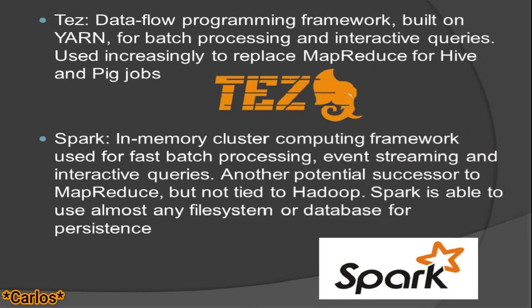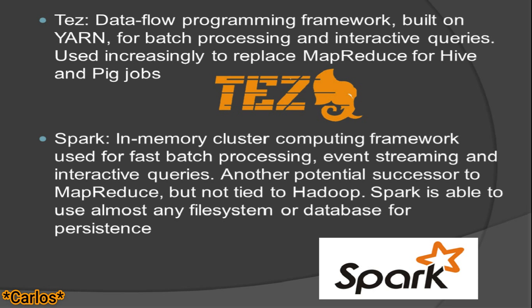Tez, a data flow programming framework built on YARN for batch processing and interactive queries, used increasingly to replace MapReduce for Hive and Pig jobs. Spark, an in-memory cluster compute framework used for fast batch processing, event streaming, and interactive queries.